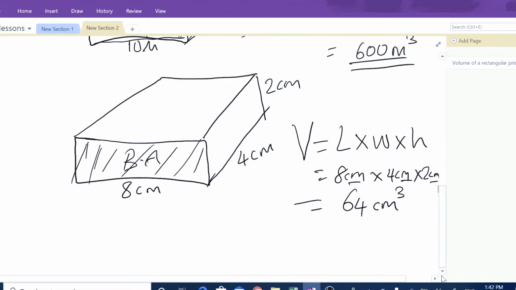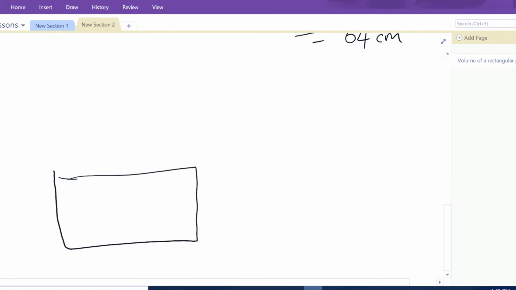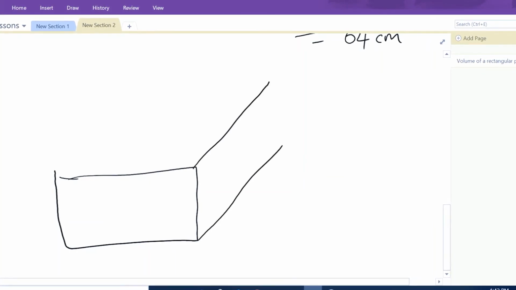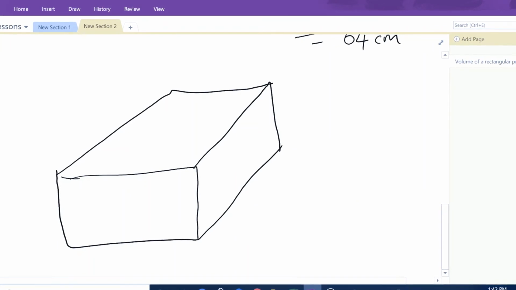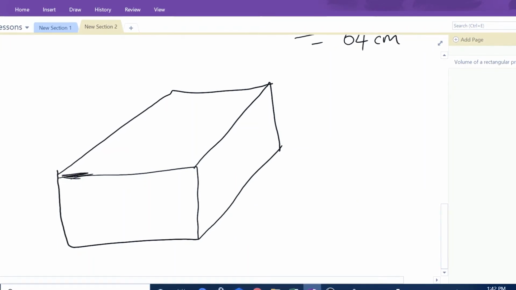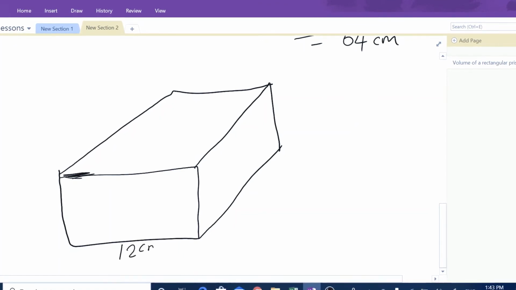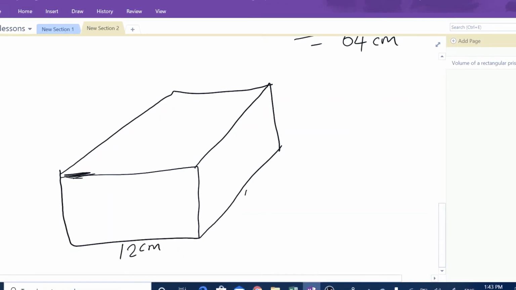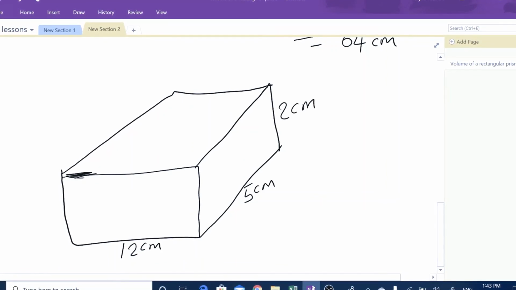Let us do one final example. Say we have here 12 centimeter, here 5 centimeter, and this is 2 centimeter.